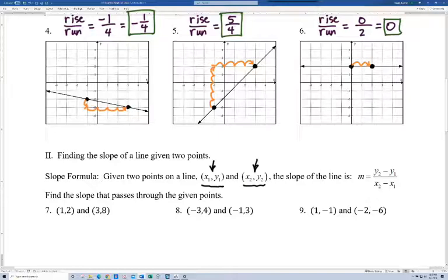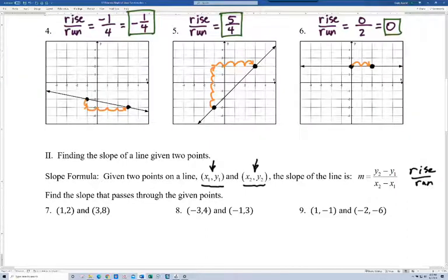So it says if you have these 2 points, the slope of the line is m equals, so notice m stands for slope. So m equals y sub 2 minus y sub 1 over x sub 2 minus x sub 1. So basically, remember, slope is rise over run. So we're getting the rise by subtracting the y values of our points, and we're getting the run by subtracting the x values of our points.